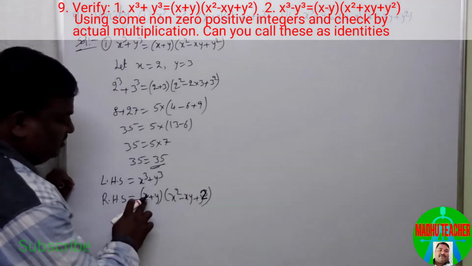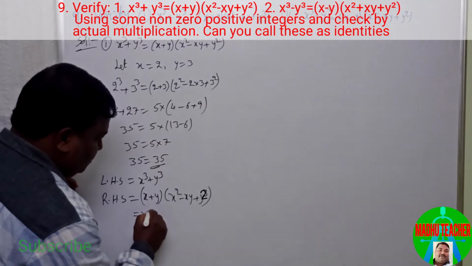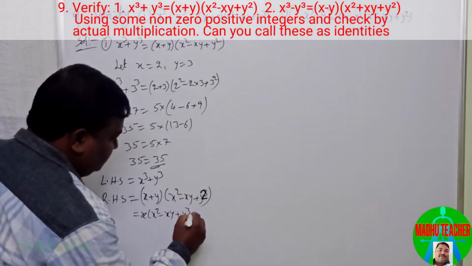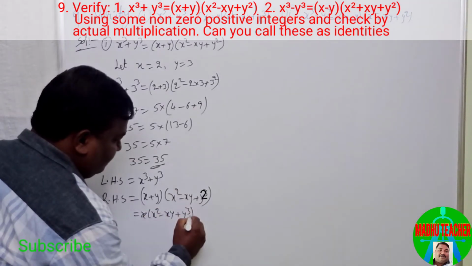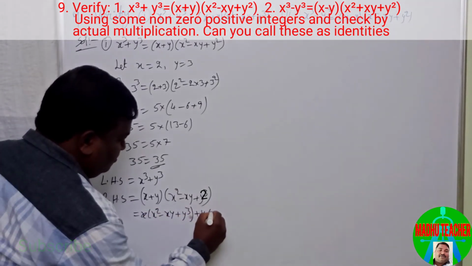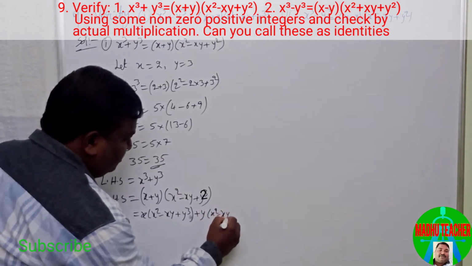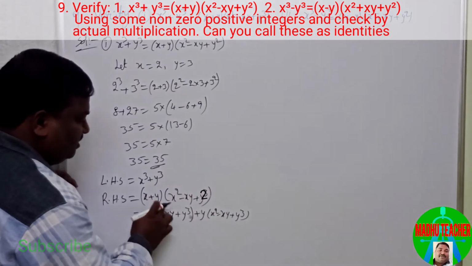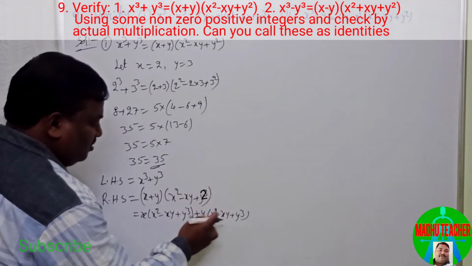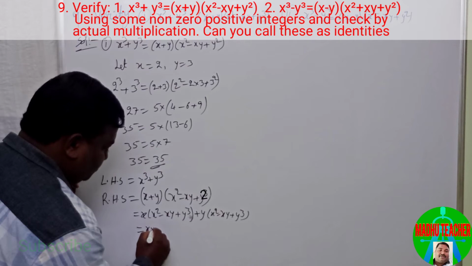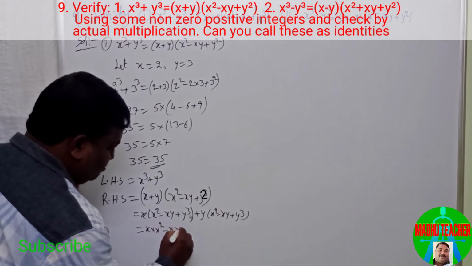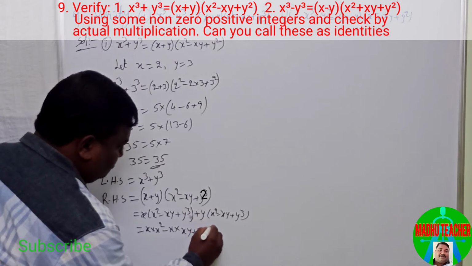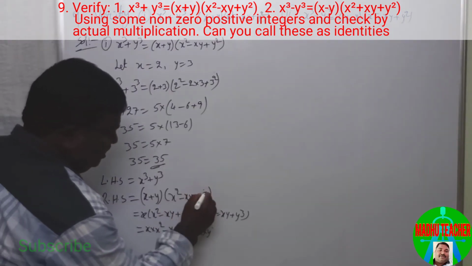So that is x into x square minus xy plus y cube, plus y into x square minus xy plus y cube. X into the total polynomial plus y into this total polynomial, that is x into x square minus x into xy plus x into y cube, so this is y square.